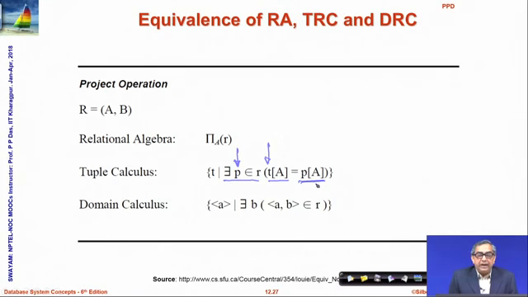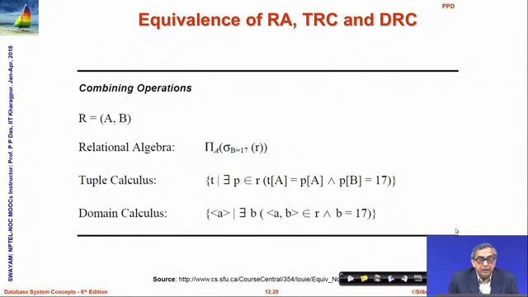It is the same thing in relational algebra, where we said keep A and erase everything else. Here we are saying that if we have been able to get a tuple T which has a value T.A, then there must be a tuple P in R which has the same value over the same attribute. So, this condition is the equivalent representative of the projection, and the same thing can be written in domain calculus. You can go through it carefully and convince yourself.